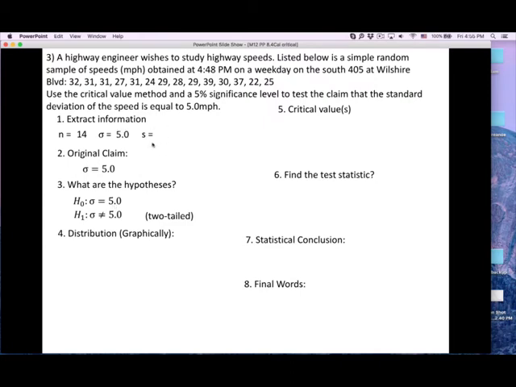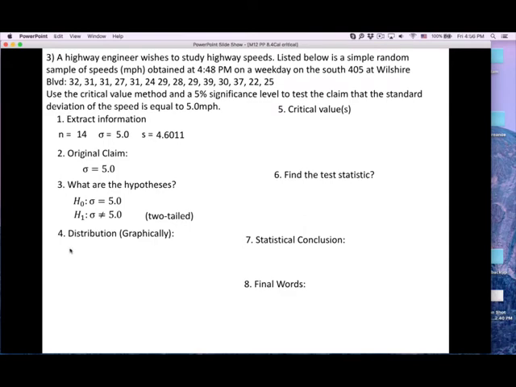And sample standard deviation, so try to use this data. Plug into your calculator, figure out what is your sample standard deviation. Okay, you will have this one. Number 1, number 2, and number 3.